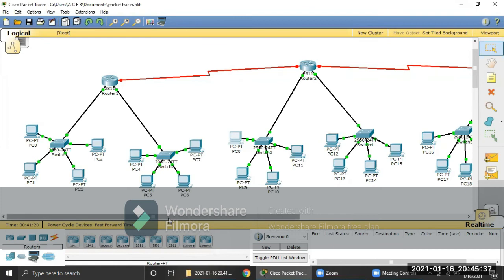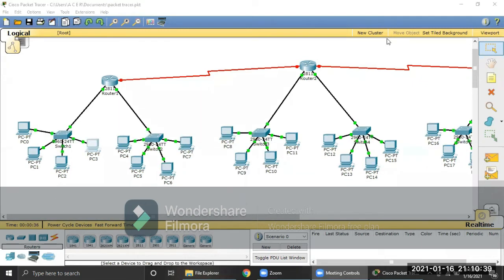After we configure every device, we test the connectivity between devices. So let's try to ping PC0 to PC1.